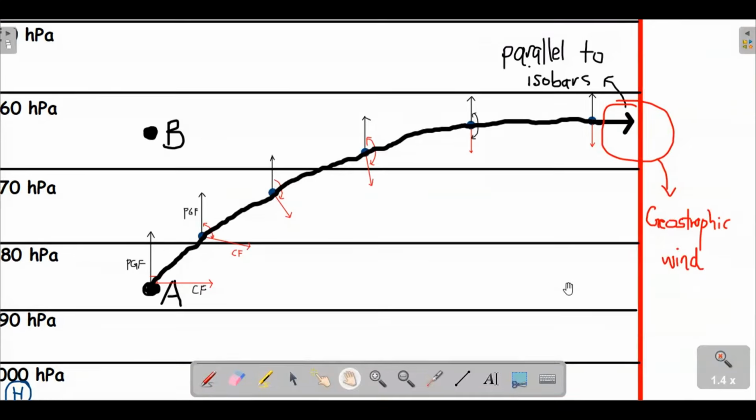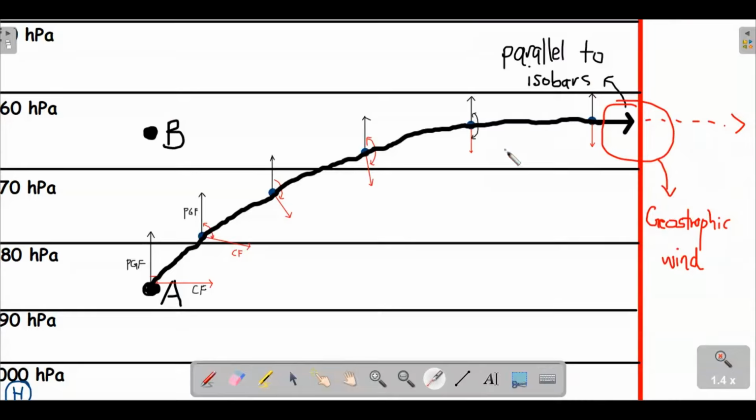So geostrophic wind is simply a theoretical wind that moves constantly parallel to isobars. It's going to carry on in that direction, theoretically forever and ever. This is because now the pressure gradient force and the Coriolis force are in balance.